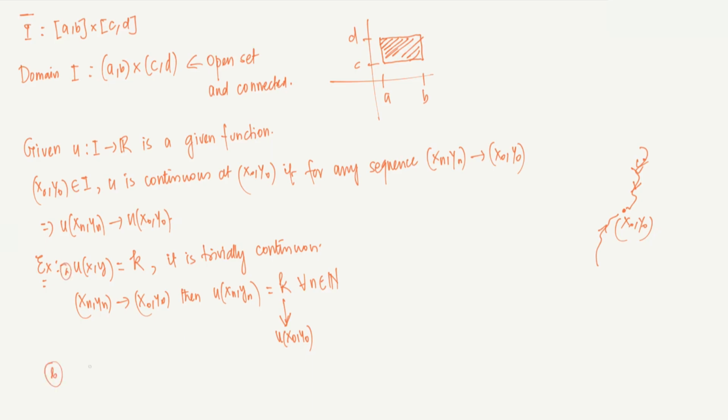Now you can of course make lots of different examples. Let's say u(x, y) equals some function phi(x) times psi(y), where phi and psi are continuous. Continuous where?